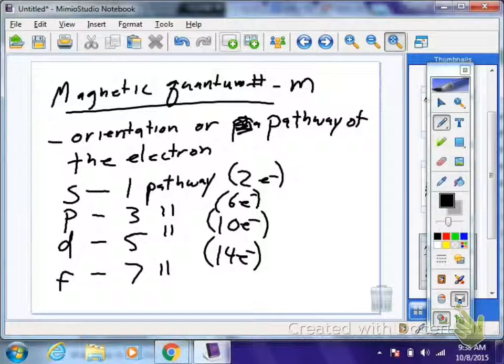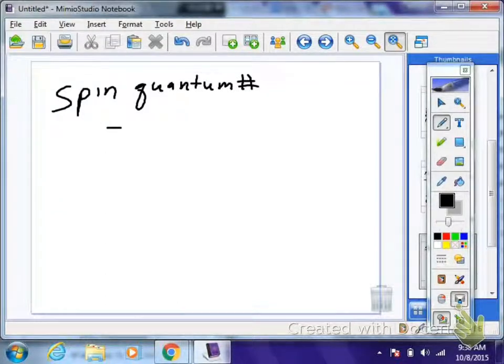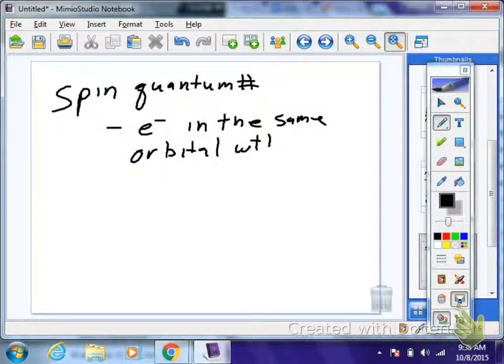So electrons that are in each orbital, which are 2, they have to have opposite spins. So that's when we get our spin quantum number. So these electrons in the same orbital have opposite spins. They can't have the same spin in the same orbital.